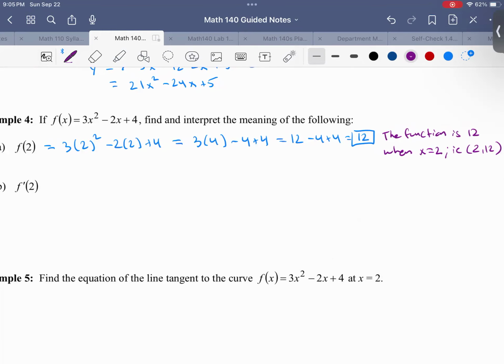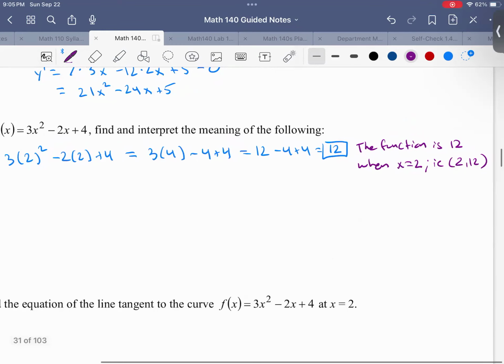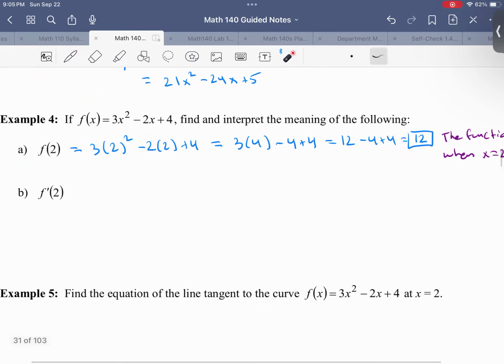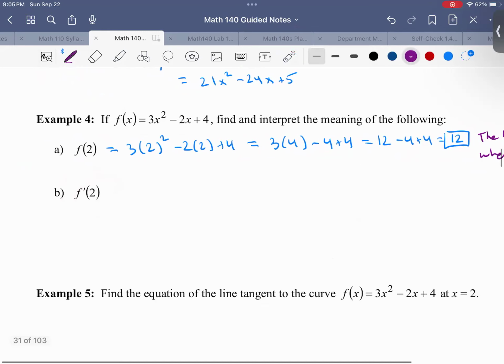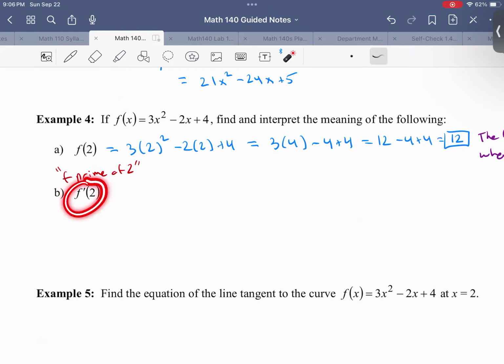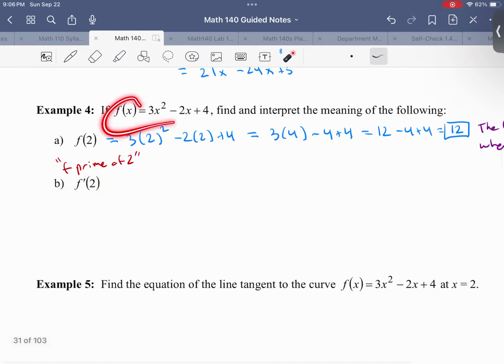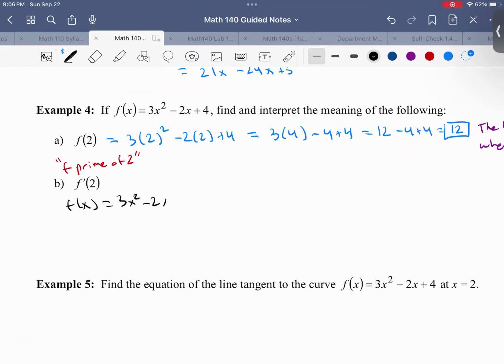Now what about part B, f prime of 2? That's how we say that. F prime of 2. What does that mean? The first thing we have to do is find the derivative. So let me write out f of x: f of x equals 3x squared minus 2x plus 4.